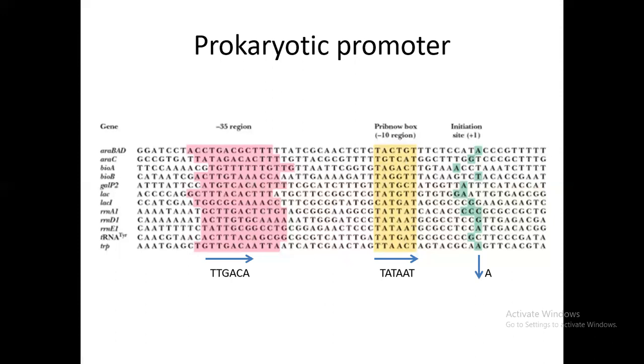And one of the sequences that was identified was the TATAAT sequence that is present at the -10 region, and the TTGACA sequence that is present in the -35 region.